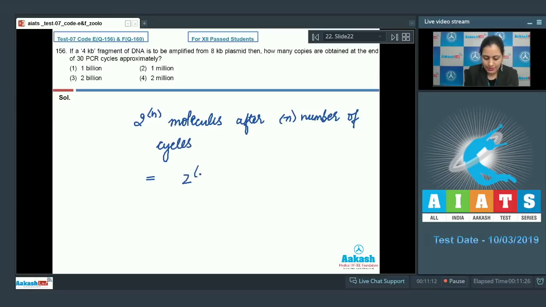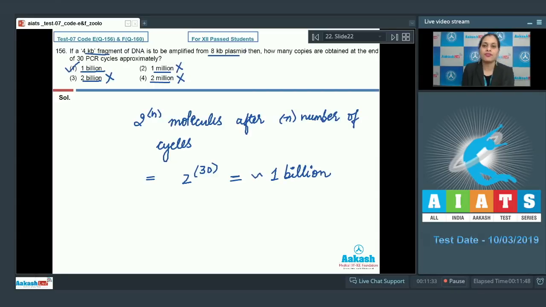So after 30 cycles, this would be 2 to the power 30, which is approximately 1 billion. So the correct answer to this question is option number 1, 1 billion. The rest of the options are incorrect, and this data is just to confuse you. So the correct answer to this question is option number 1.